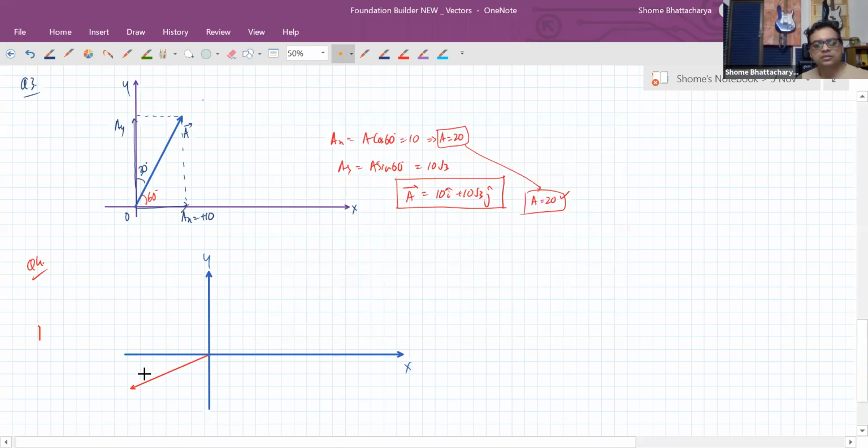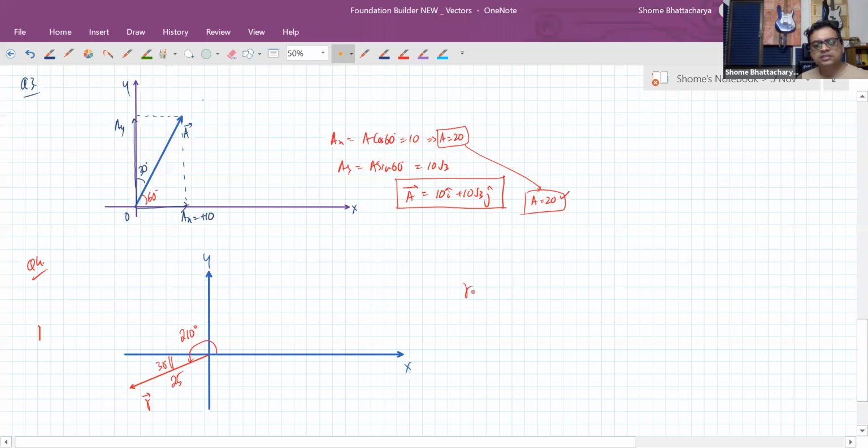Somewhere here, this angle is 210 degrees, which means that this angle is 30 degrees. And this is given to us in magnitude of 25 meters.